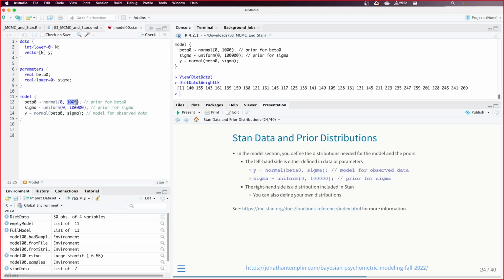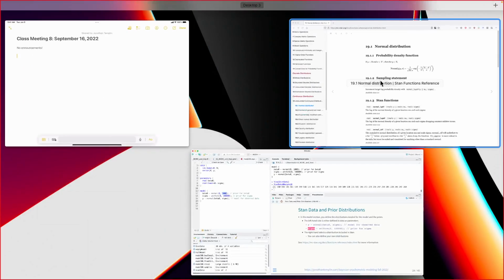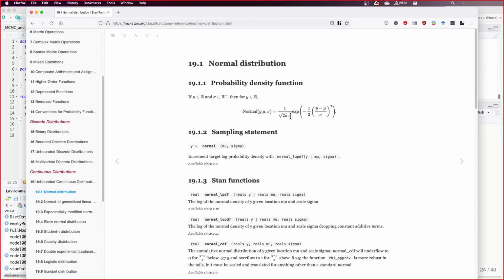Yes? In the case of beta sub 0, if we're using a normal prior, we're assuming that we could have negative values, for example? Yes. But in the case of uniform, can we have negative values for sigma? You cannot. So that's skewed. It is skewed, yes. Sigma is interesting because sigma itself is a variance, so we can't have a negative variance in our analysis. A negative variance will make this value right here negative, which makes a likelihood negative, which wouldn't work out.